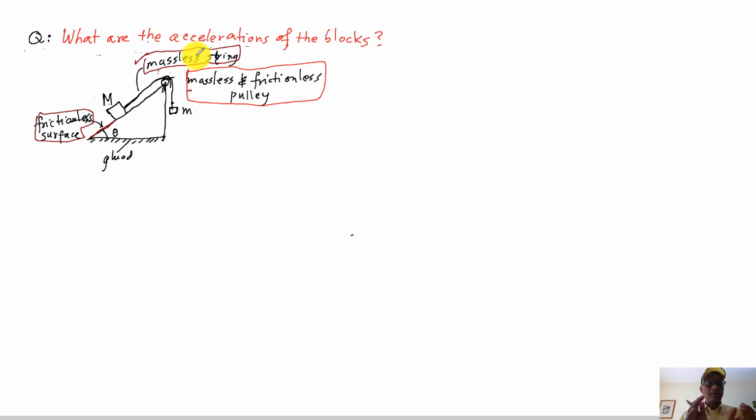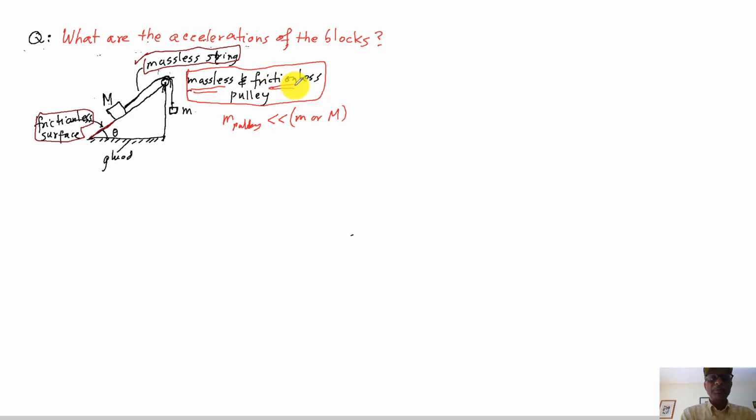To do that, you have to have two conditions for the pulley. The pulley has to be massless. Of course, nothing is massless, but the mass of the pulley, just like the string, is much less than m or big M, whichever is smaller of the two masses.